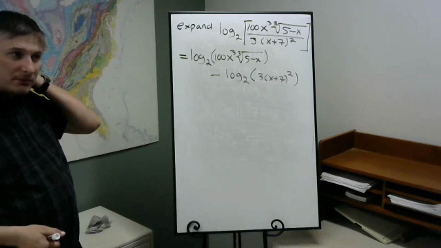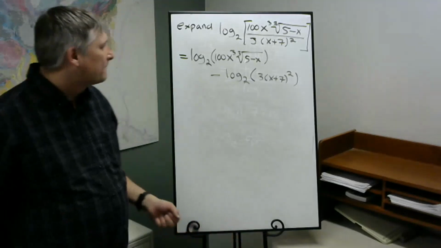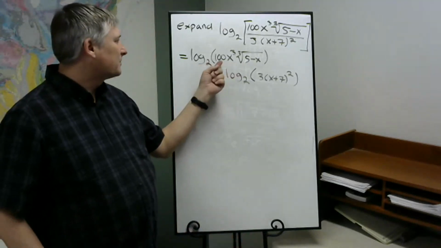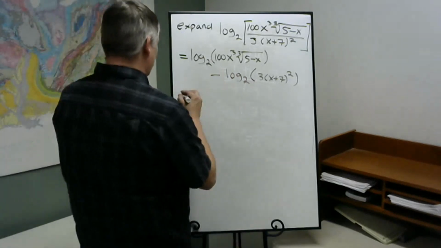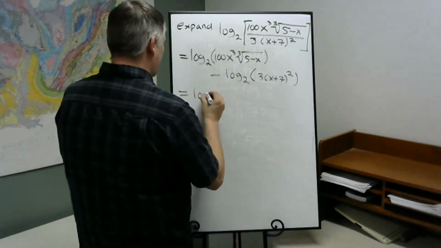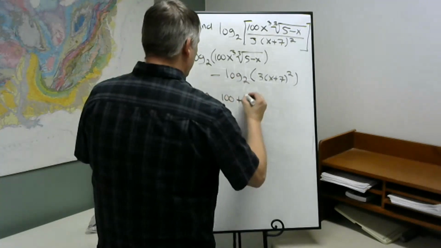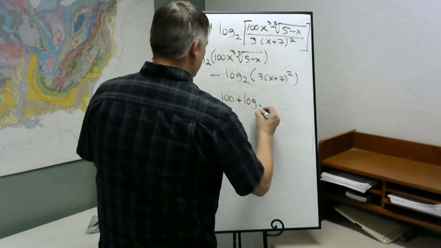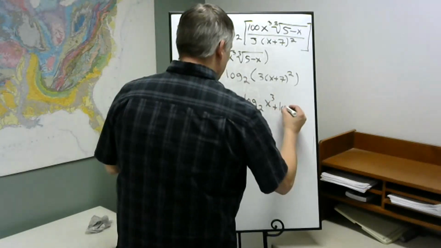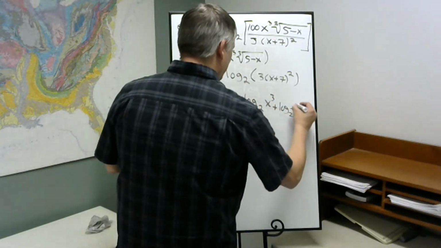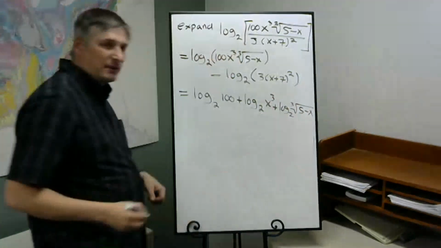So now, since the log of a quotient is the difference of the logs, we're going to break these up. We have products. So the log of a product is the sum of the logs. So log base 2 of 100 plus log base 2 of x cubed plus log base 2, squeeze this in there, the cube root of 5 minus x.